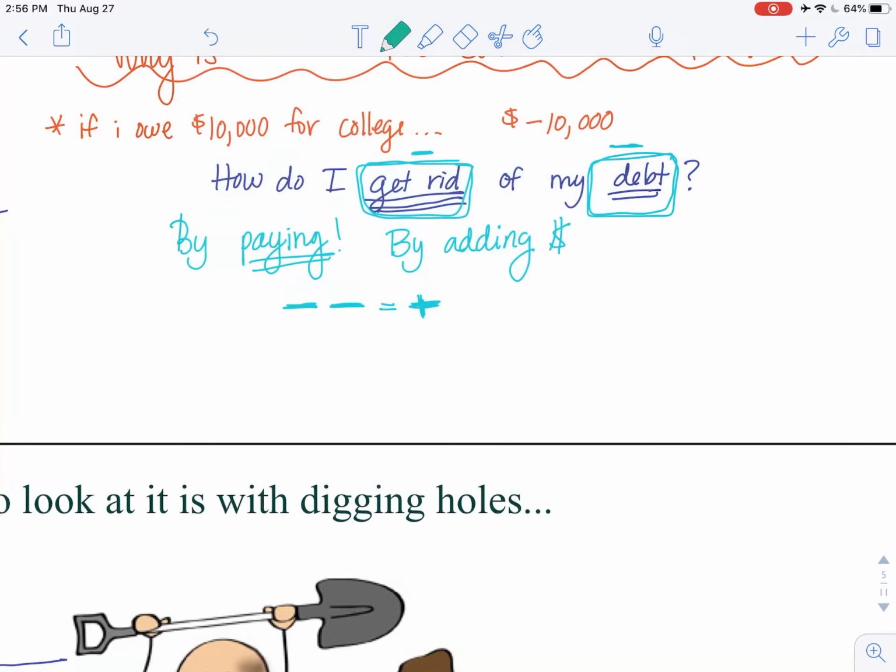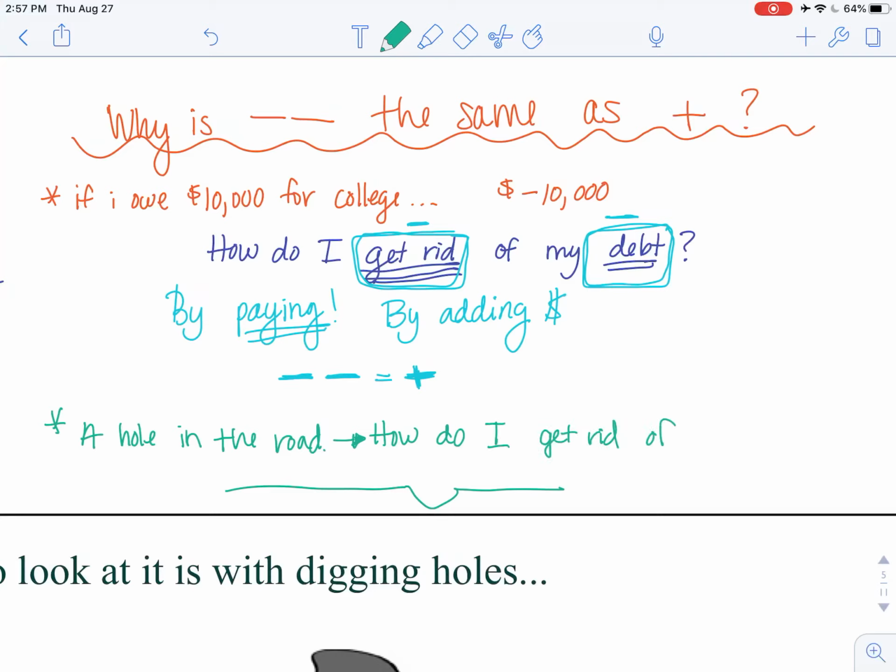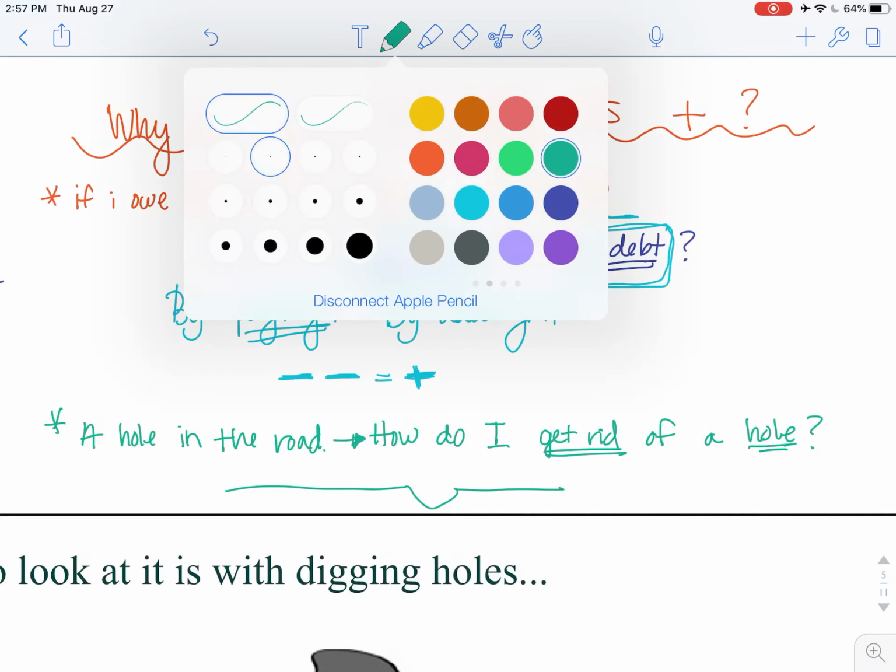Another example we can use is there's a hole in the road. Okay? So if I have a hole in the road, the pothole that is going to pop my tire, how do I get rid of a hole? How do we get rid of a hole? How do we fix a hole?